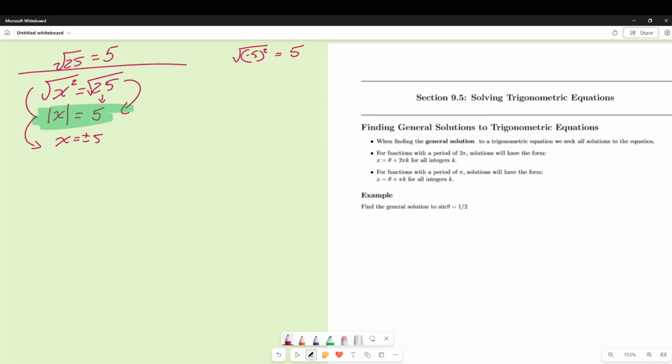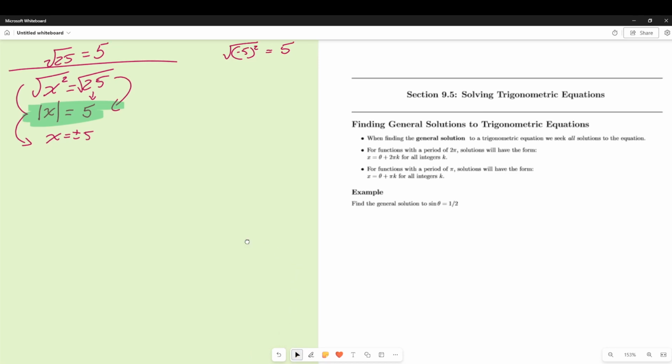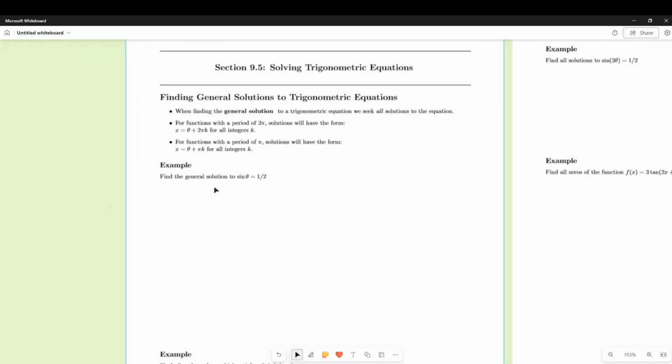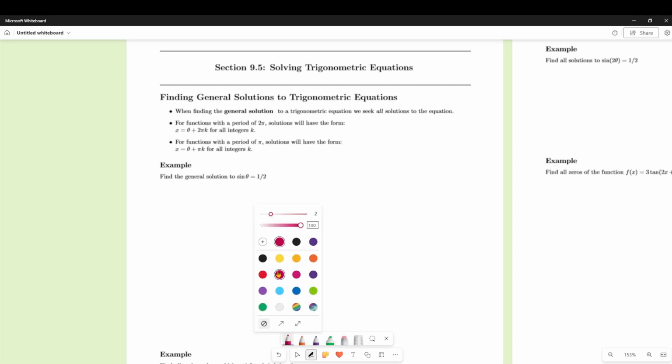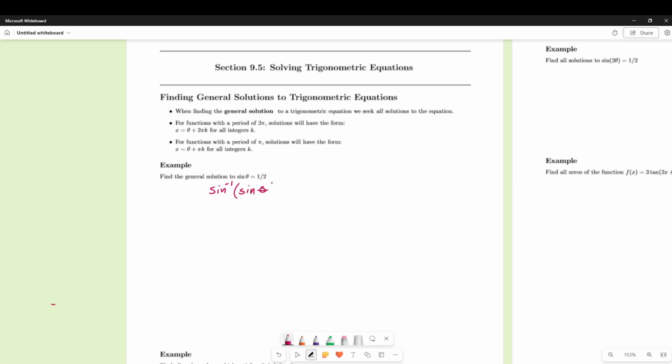Similarly, when we try to solve something like sine theta equals 1/2 over here, we are going to use the idea of, okay, we're taking the sine inverse of both sides of this thing. But we have to be careful.